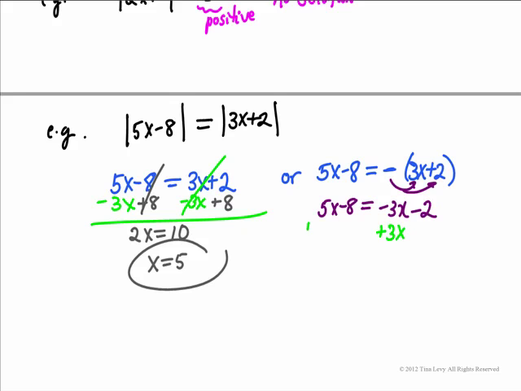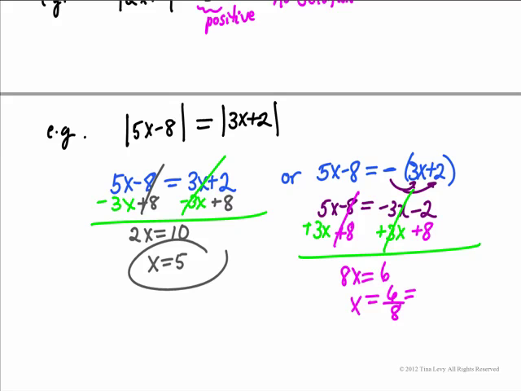Add 3x to both sides. Add 8 to both sides. And I get 8x is negative 2 plus 8, which is 6. So x is 6 over 8, which can be reduced to 3 over 4.